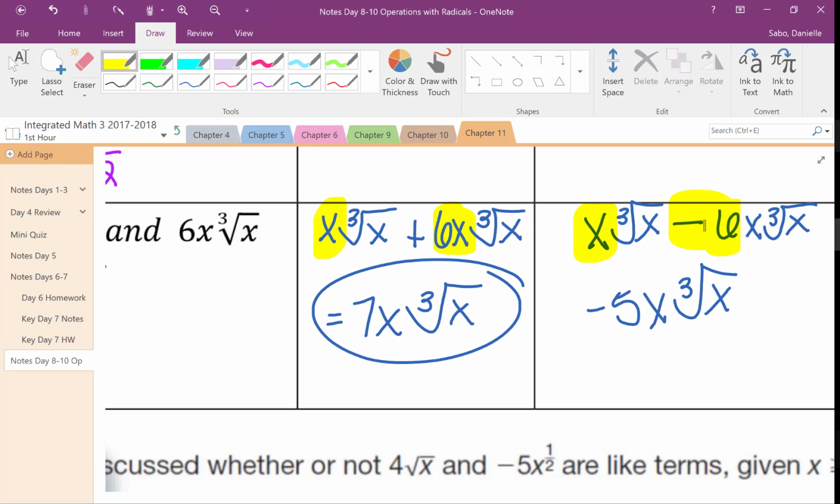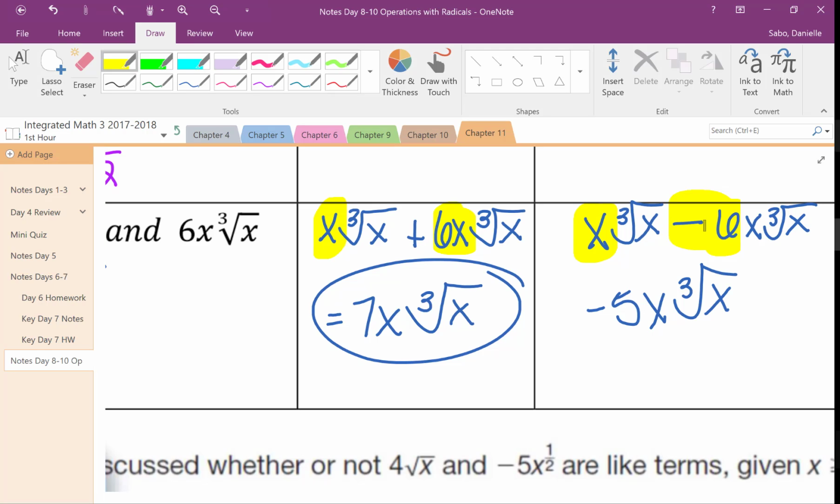Okay? All right. So I want you guys to read this with your group, or read it and then talk with your group and see if you can tell me who's correct. On the bottom here you've got Larry and DJ. Larry and DJ discuss whether or not 4x and negative 5x to the 1/2 are like terms, given that all the numbers are positive.